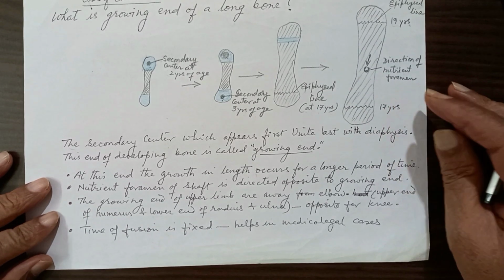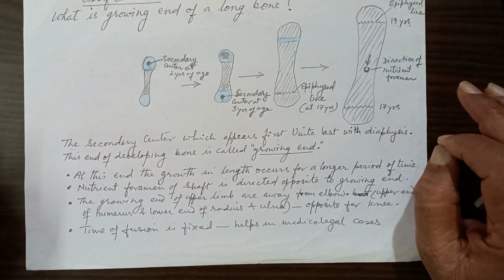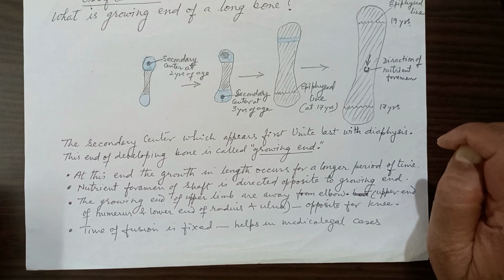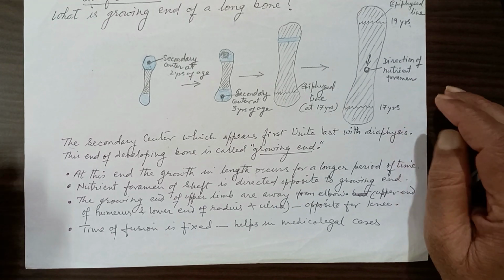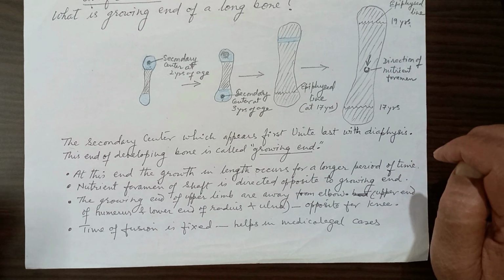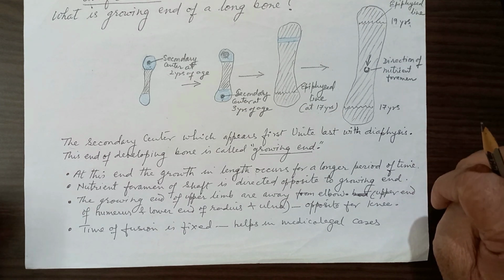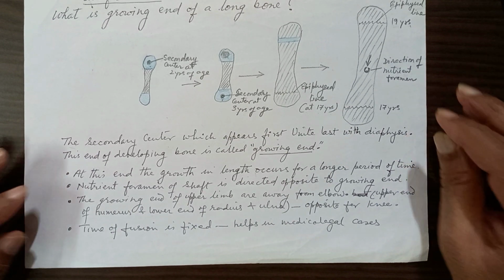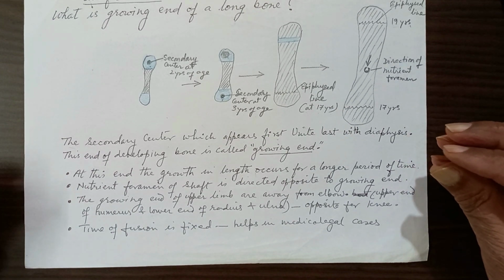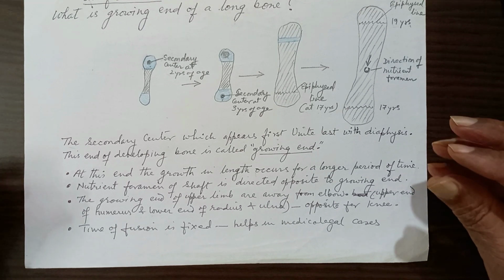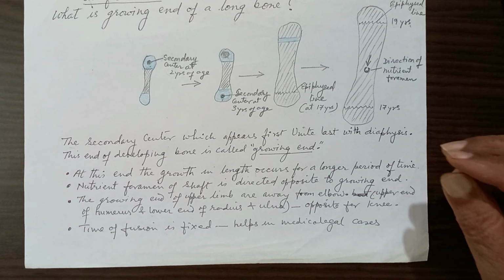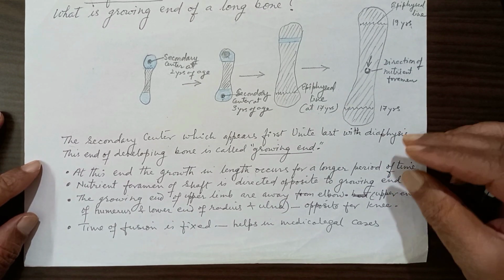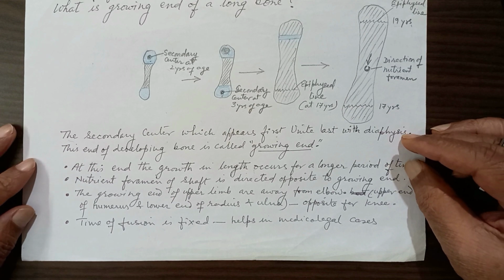Now, the time of fusion of these ends, that means the fusion between the epiphysis and diaphysis, will help us to know the age of an individual. By taking an x-ray of the ends of the long bone, one can know whether the epiphysis and diaphysis have fused or not, because for each individual long bone the time of fusion is fixed. Then you can determine the age of a person just by looking at the x-ray.